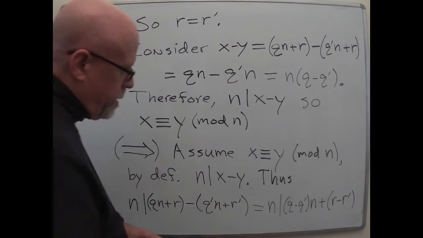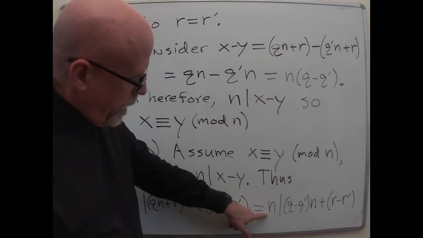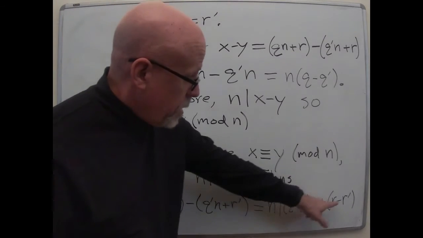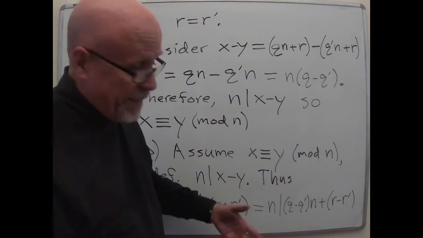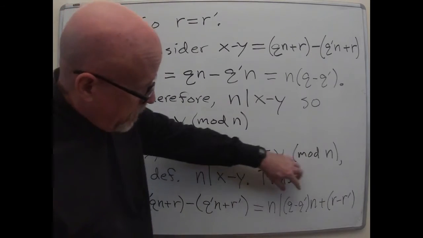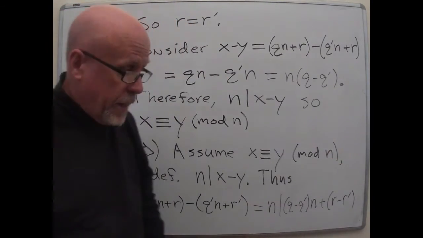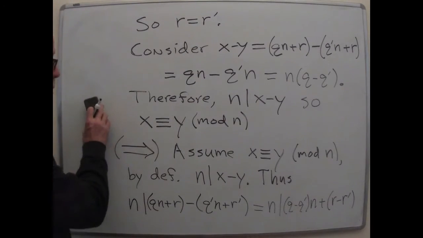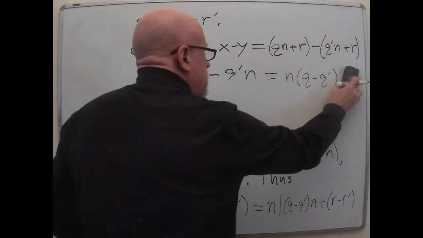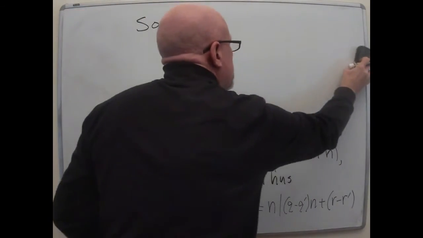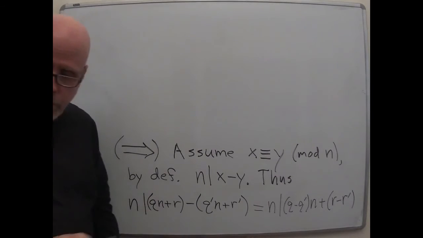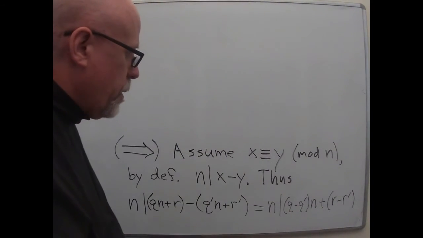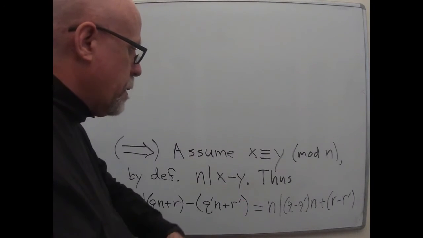Now think about what that says. You've got a number n that goes into something that's clearly a multiple of n plus some other guy. And so I think it probably just makes intuitive sense that that means this other thing has to be divisible by n. Let's try to make that more rigorous though. Well, if n divides that number, that means that that number is some constant times n.